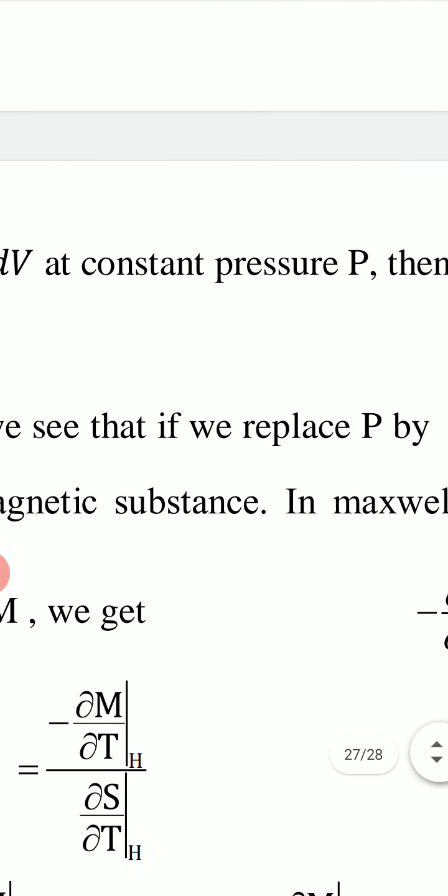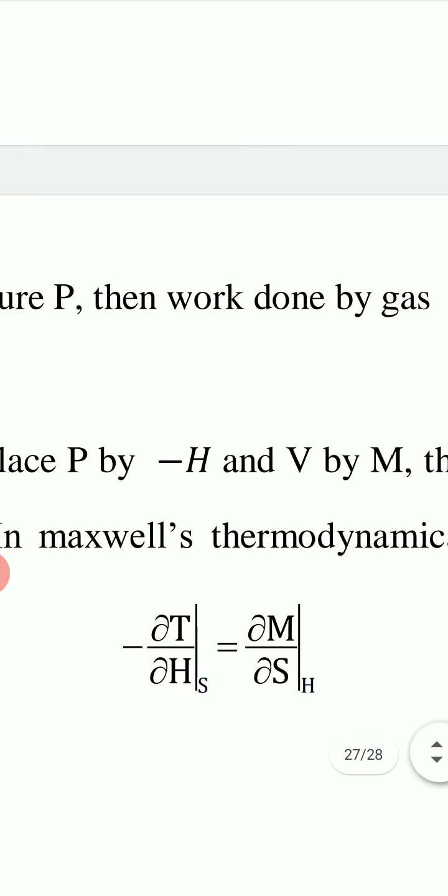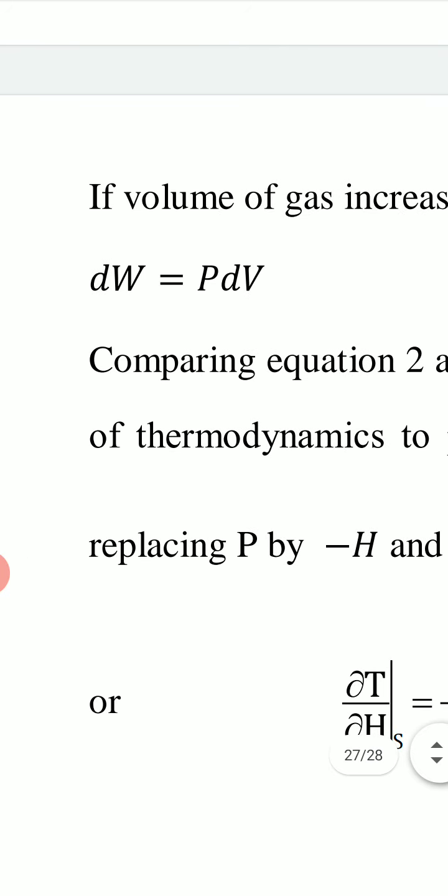dw is equal to minus H dm, and we know that if volume of a gas increases by dV at constant pressure P, then work done by the gas is given by dw equal to P dV.